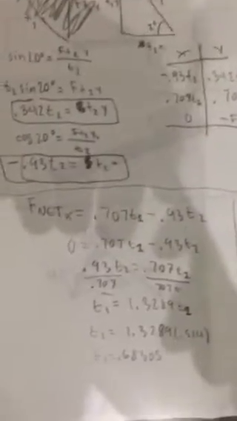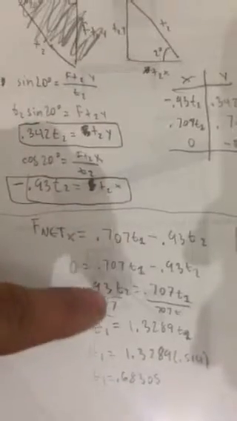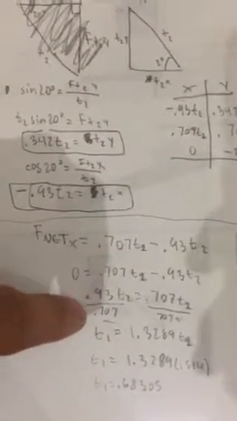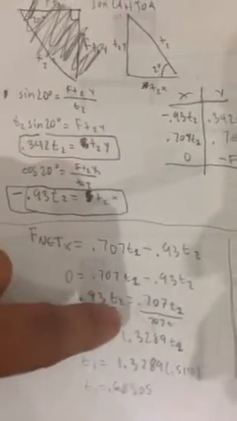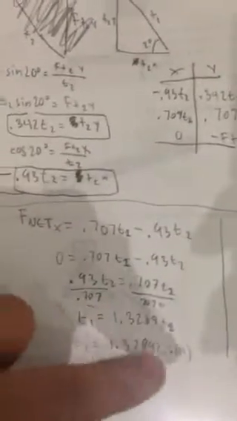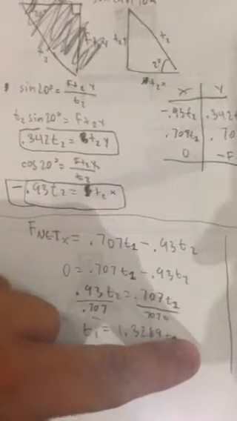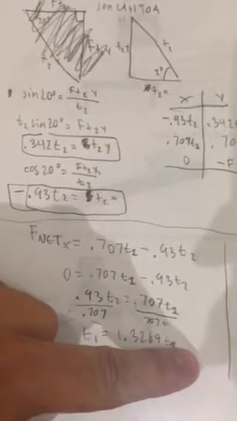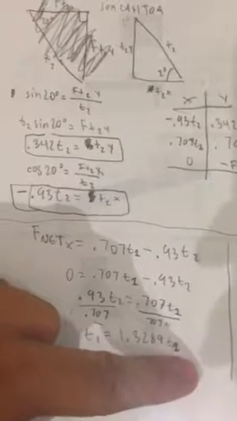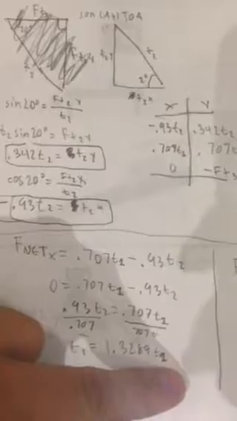After that, you set the net force to 0 and pass one of the values to the other side, making it 0.93 T2 equal to 0.707 T1. Then you will have the value of T1, which is 1.3281 T2 after dividing 0.93 by 0.707.